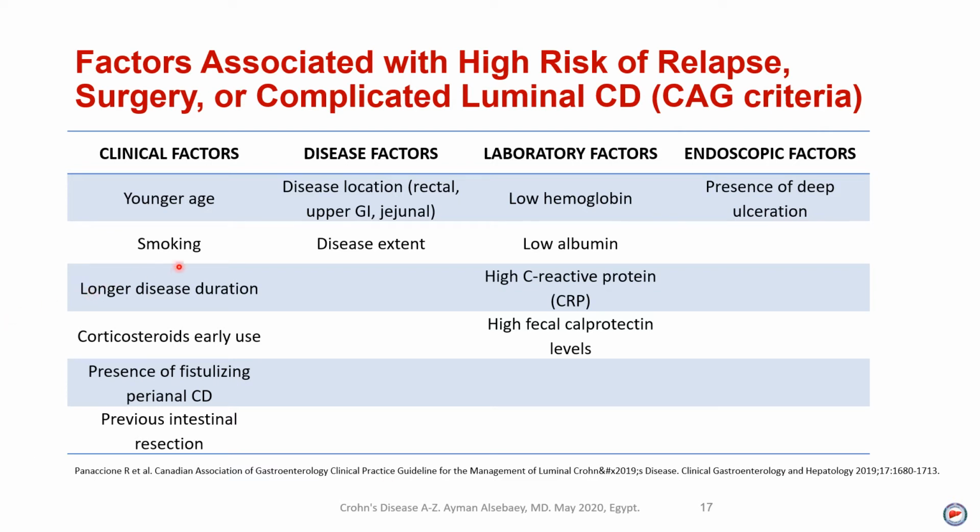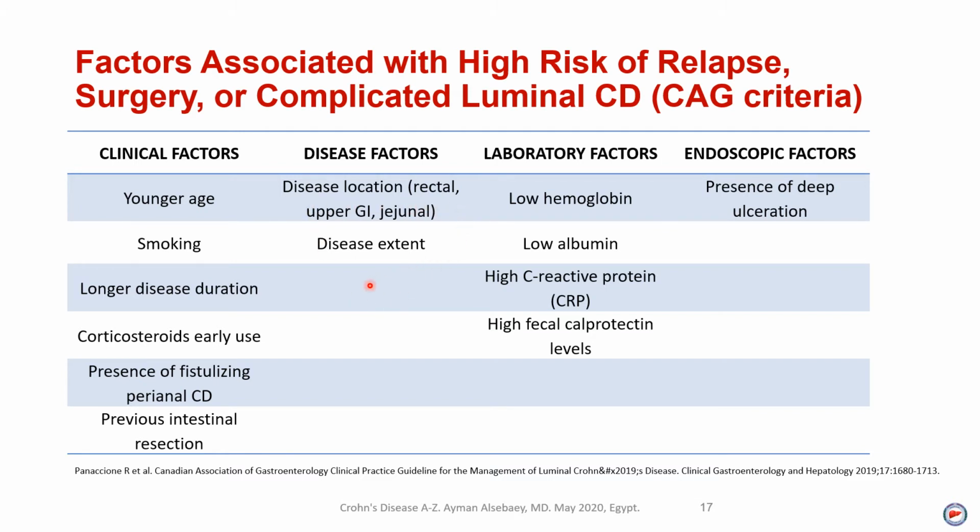Clinically, finding a younger patient who is smoking and has a longer disease duration. Also, the presence of fistulizing perianal disease is more associated with aggressive disease, and the previous resection. The disease location is very important.